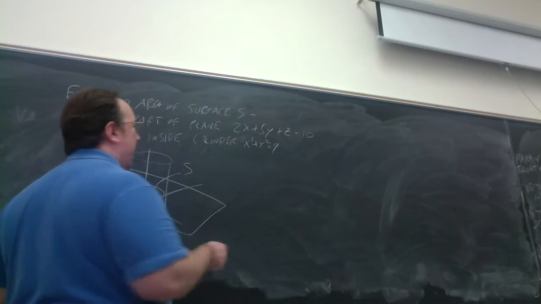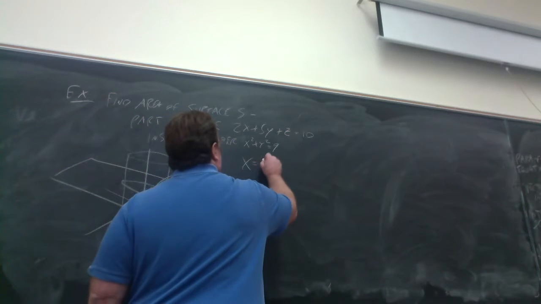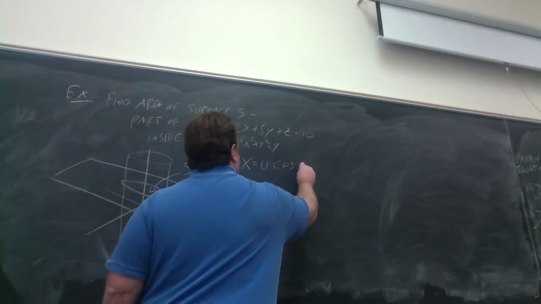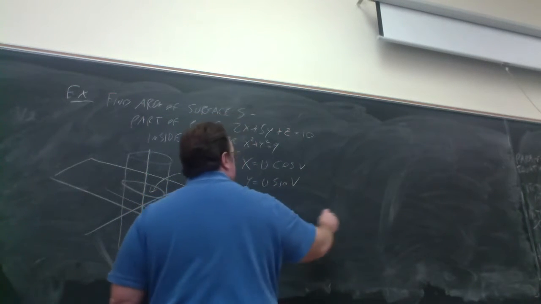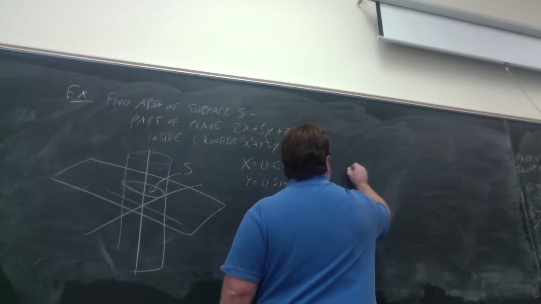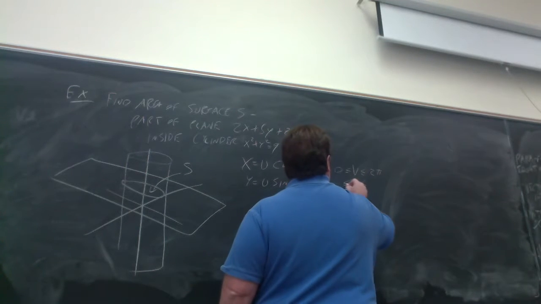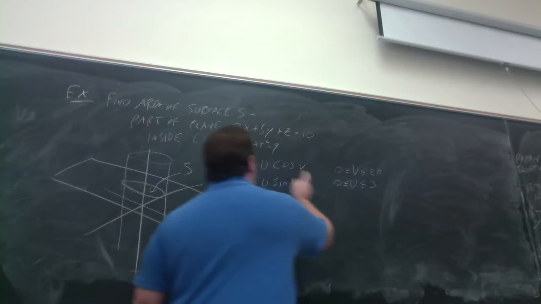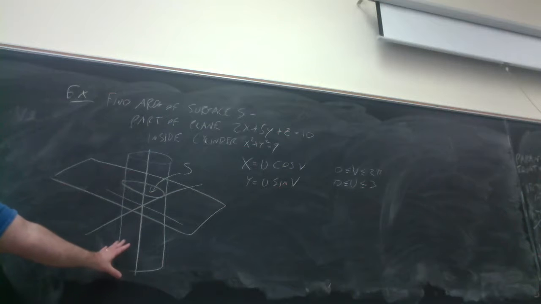So in fact, for x and y, you can use polar coordinates. I'll let x be equal to u cosine v, and y is equal to u sine v, and we'll let v go from 0 to 2 pi, and u, which plays the role of r, goes from 0 to 3, because that would describe all x and y that are contained within the cylinder.